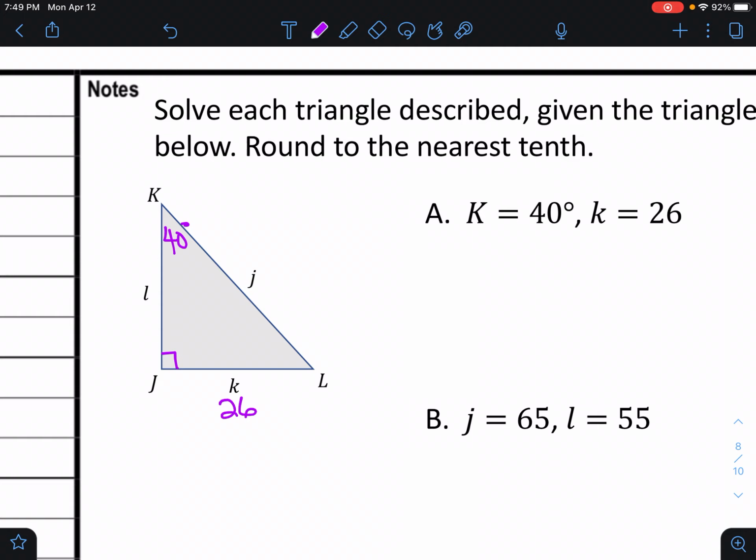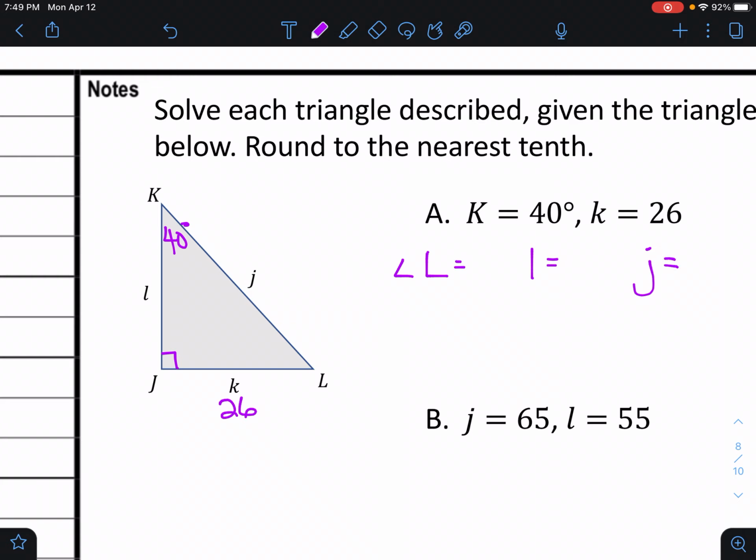So what does this mean? It means I need to find angle L, I need to find side little l, and I need to find J. So I need to know what these three things equal.